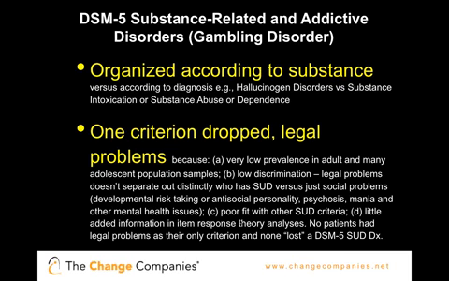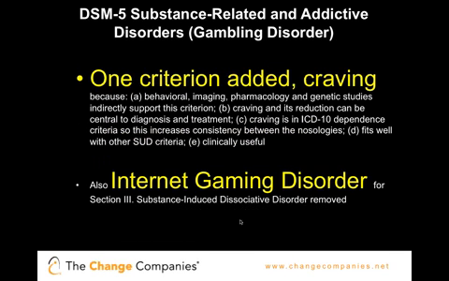And so legal problems was taken out and replaced with craving, which had much more backing when you look at brain imaging, pharmacological treatments, and genetic aspects. Clinically, all of us who work in addictions see the importance of cravings. It made much more clinical sense and fit with other diagnoses.